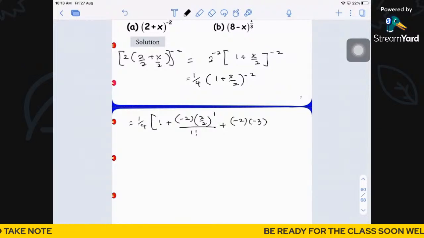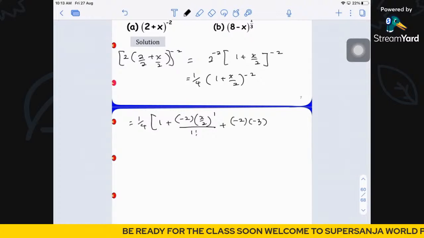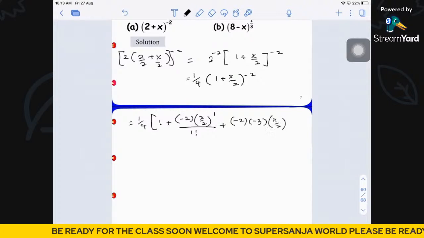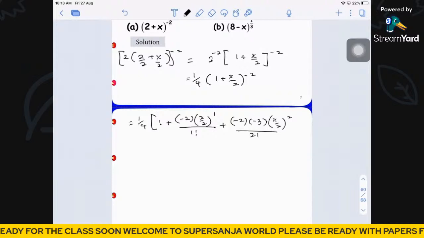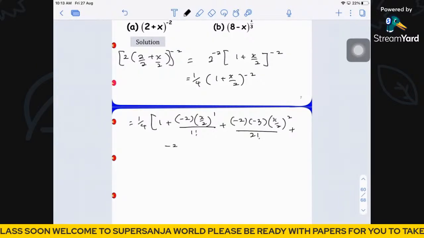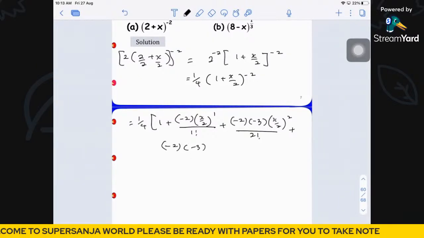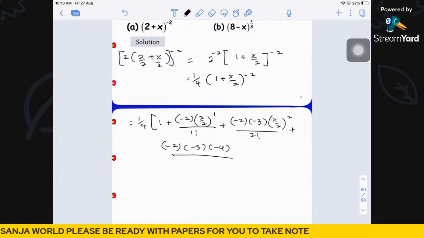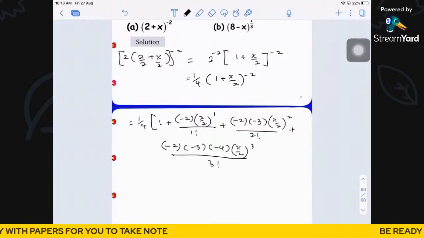Now I can do it a bit faster, right? Negative 2 minus 1 is negative 3. And here will become x over 2 power of 2 over 2 factorial, plus negative 2, negative 3, negative 4 times x over 2 power of 3 over 3 factorial, plus dot dot dot.